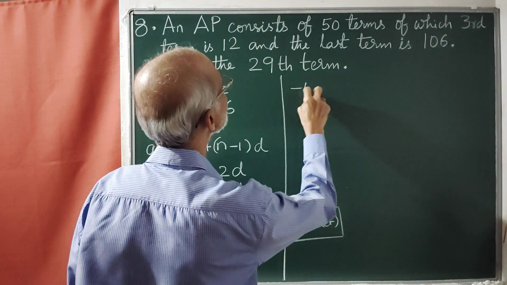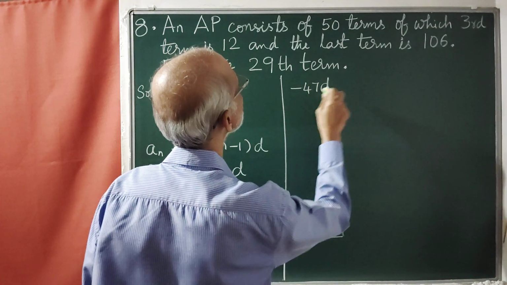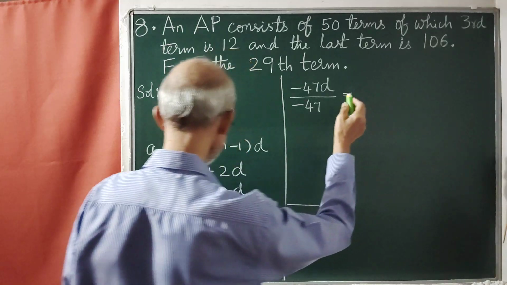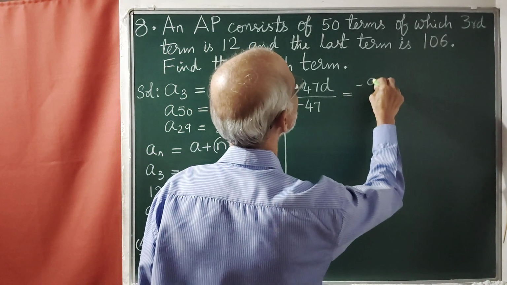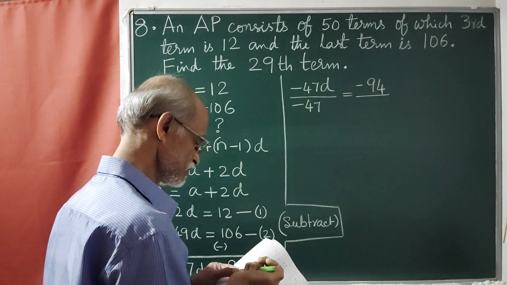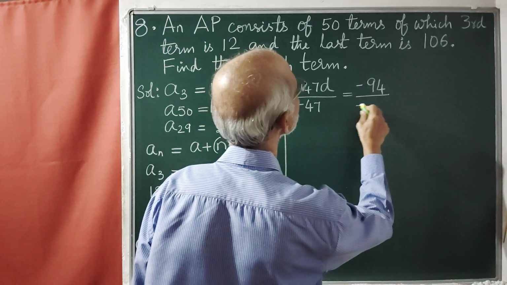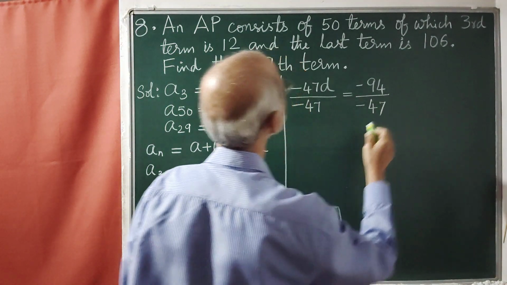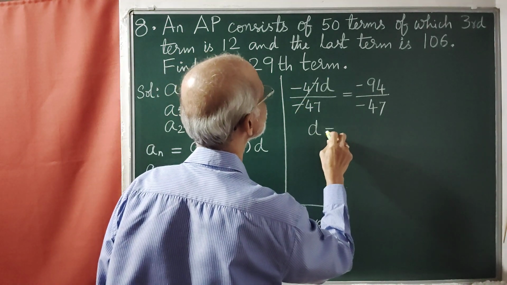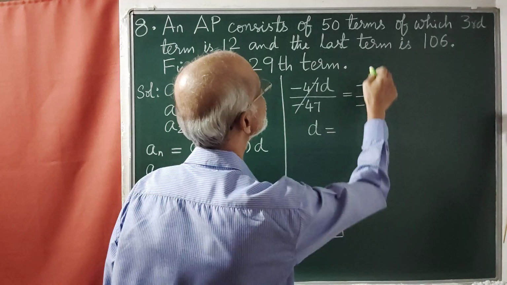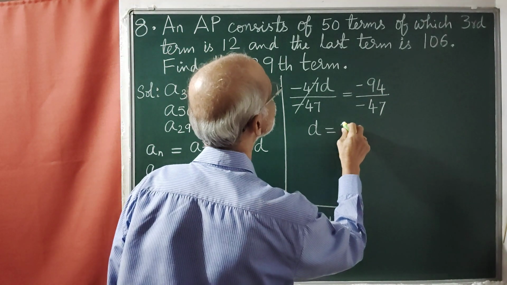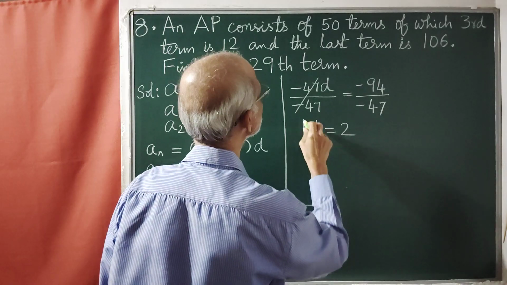So minus 47D by minus 47 will be equal to minus 94 by minus 47. So here it will get cancelled and D will be equal to, minus got cancelled there. If I divide it, I will get 2. The value of D is 2.